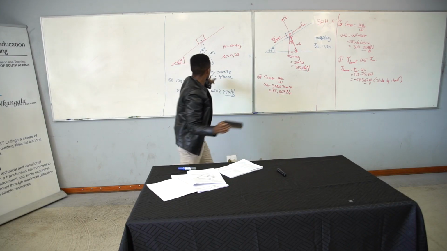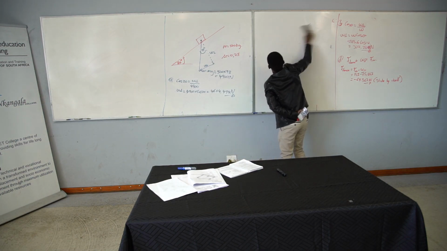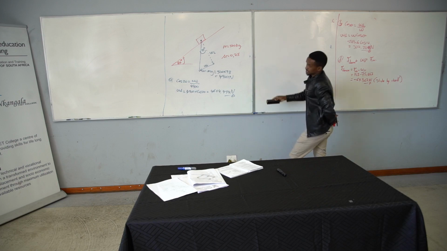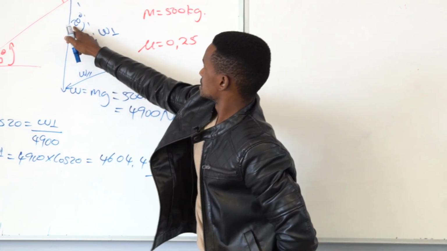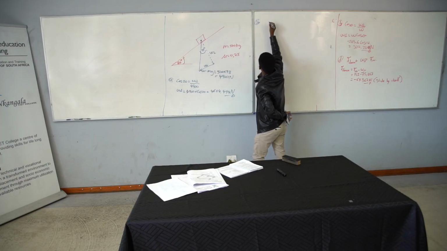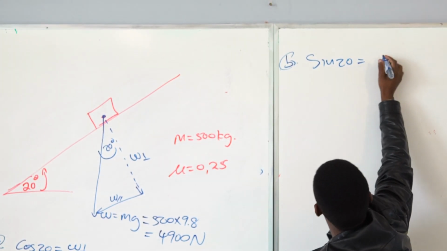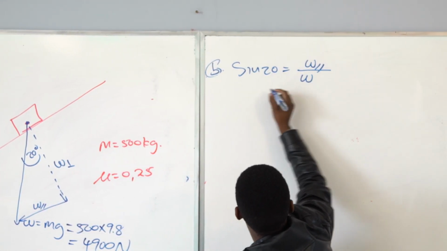And then B, we are to calculate for this component. We see that this is opposite over hypotenuse, meaning sine 20 equals the weight parallel divided by our hypotenuse.